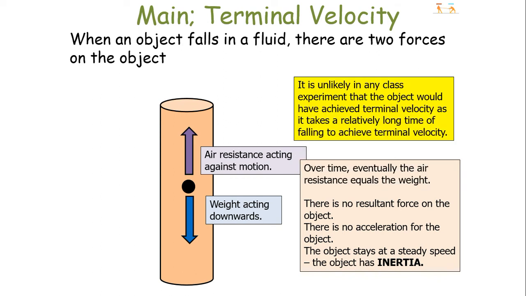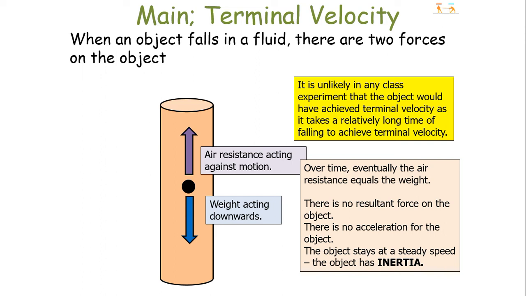Now, as well as that, it's very unlikely in any class experiment you would do that the object would have achieved terminal velocity, as it takes a relatively long time of falling to achieve terminal velocity. For example, in air, it would take approximately 30 to 40 seconds of falling. In most class experiments, objects tend to fall for a maximum of 5 to 6 seconds.